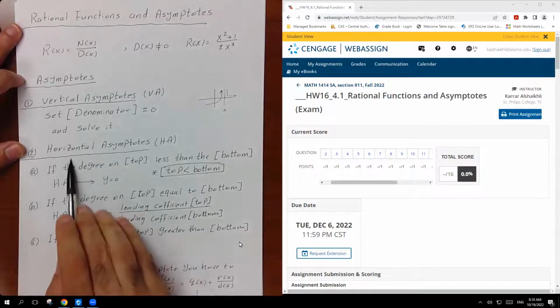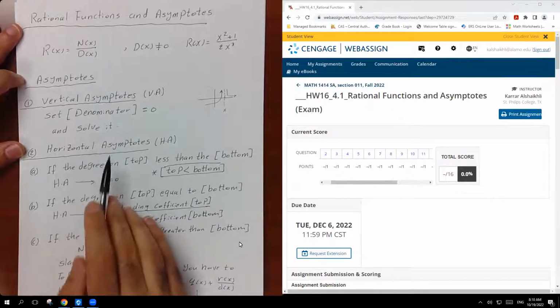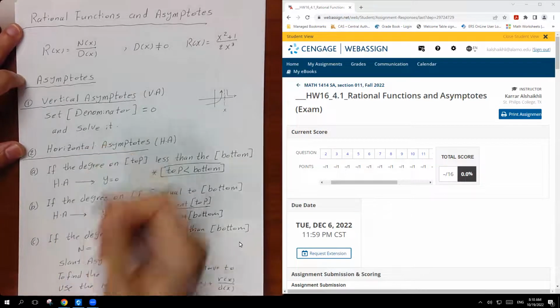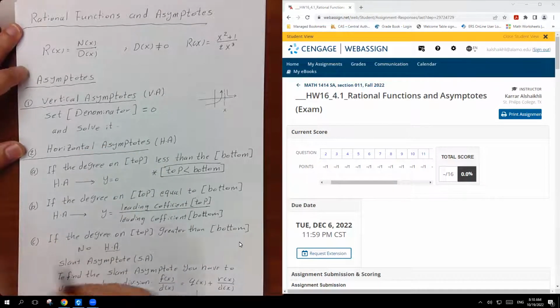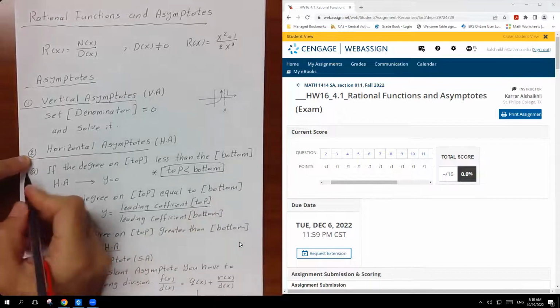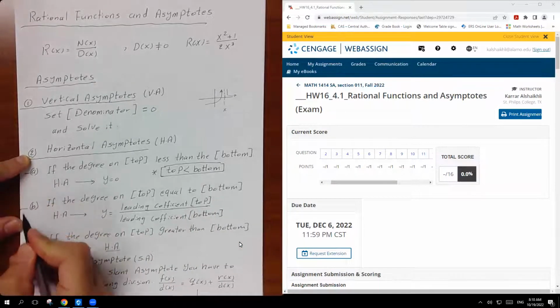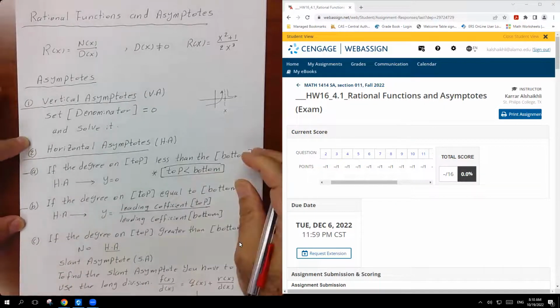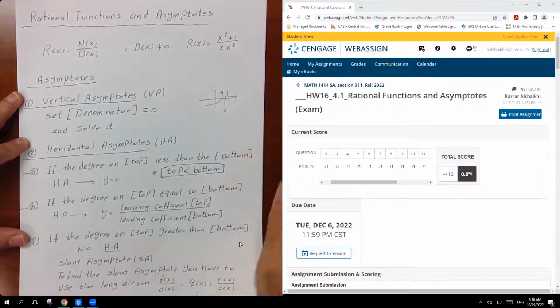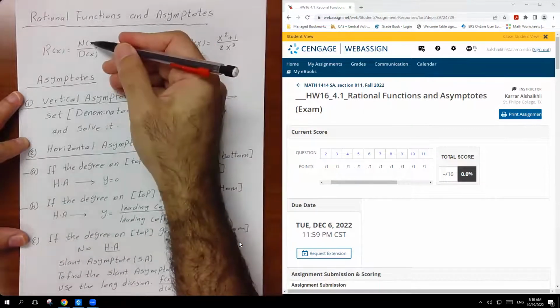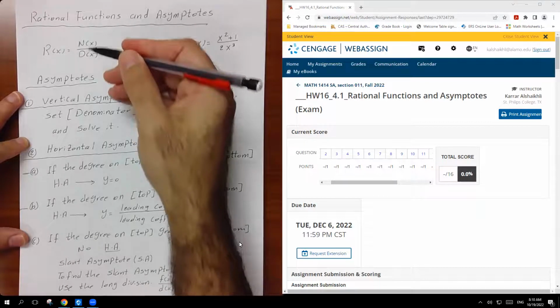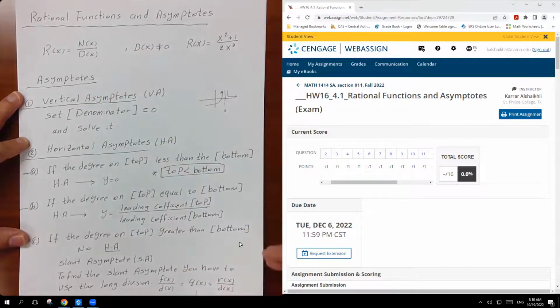The second asymptote is the horizontal asymptote. To find the horizontal asymptote, we have 2 cases. It depends on the degree of the polynomial on the top and the degree of the polynomial on the bottom.